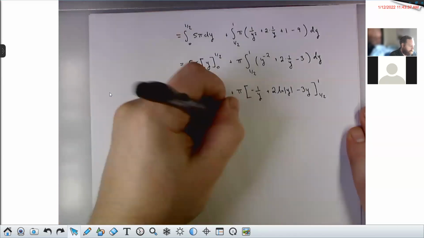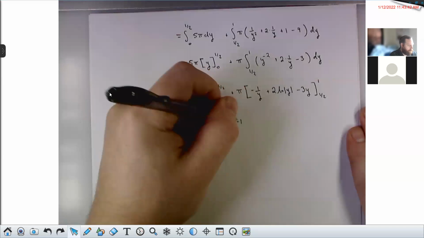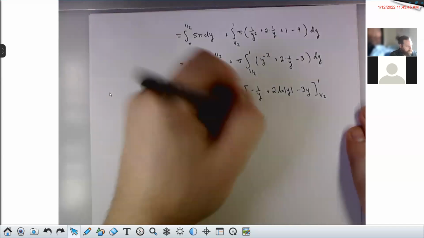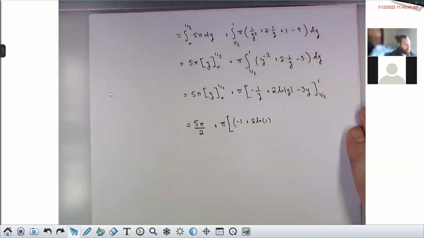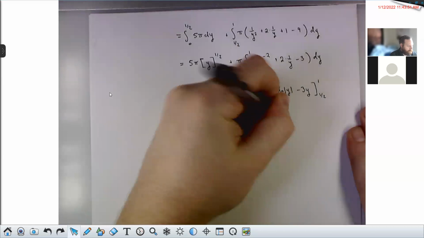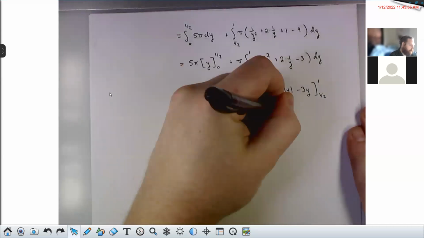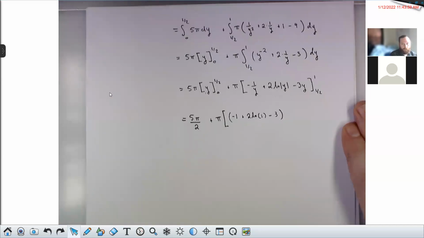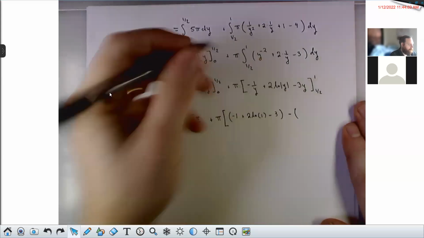So when I plug in 1, I get negative 1 over 1, which is negative 1, plus 2 times the natural log of absolute value of 1 is just 1, minus 3 times 1 is minus 3. So that's what I get when I plug in the upper bound to the second bracket. And now I need to subtract off what I get when I plug in the lower bound.